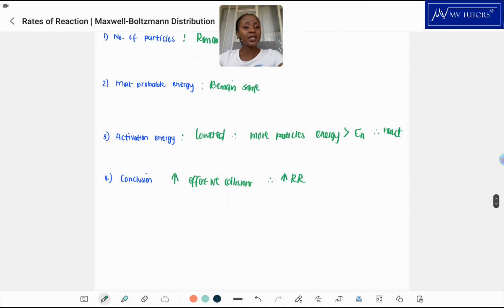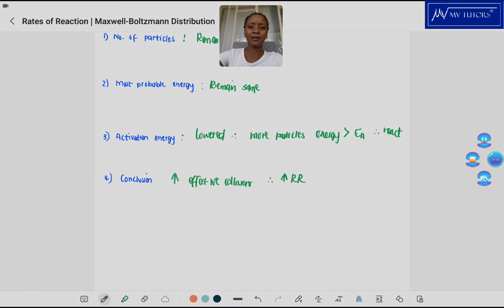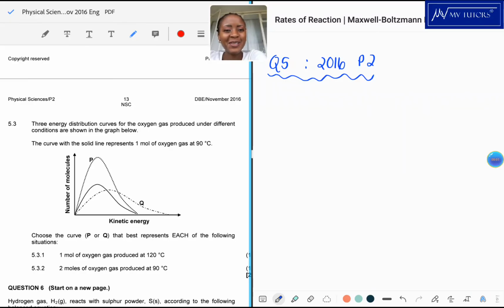I'm gonna load an exam question so that we see how we can apply all of this knowledge. Okay, so I found a paper, paper 2, 2016. It's a November paper, and I found the Maxwell-Boltzmann distribution diagram. So let's see what kind of questions they would ask.